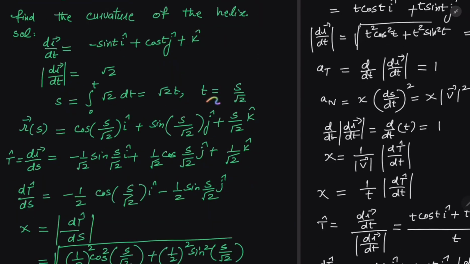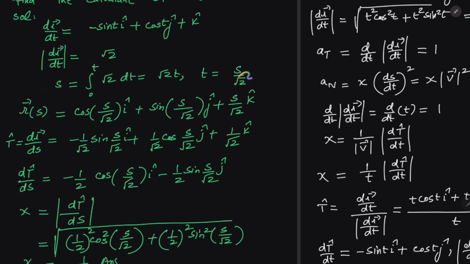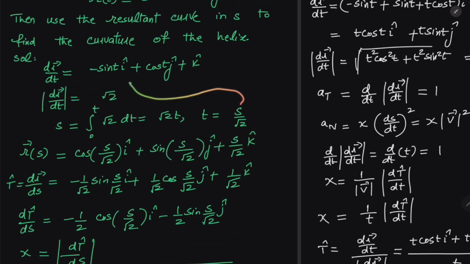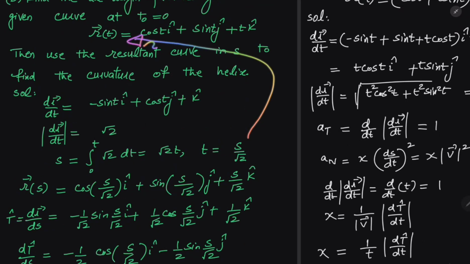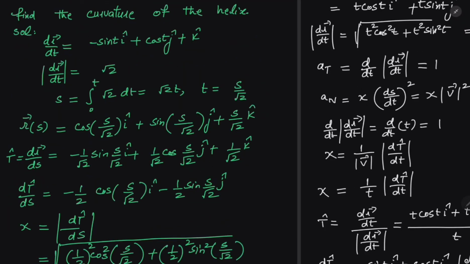So s is equal to, after solving that, and by separating t, you get t = s over √2. Put that value into the given vector valued function. Now this becomes very easy.